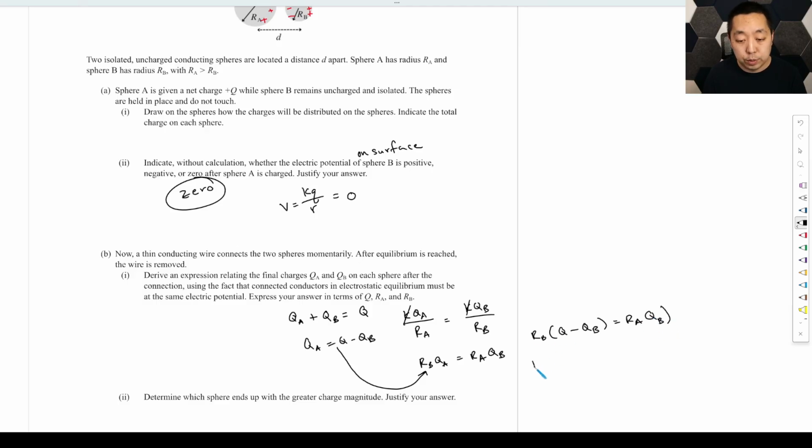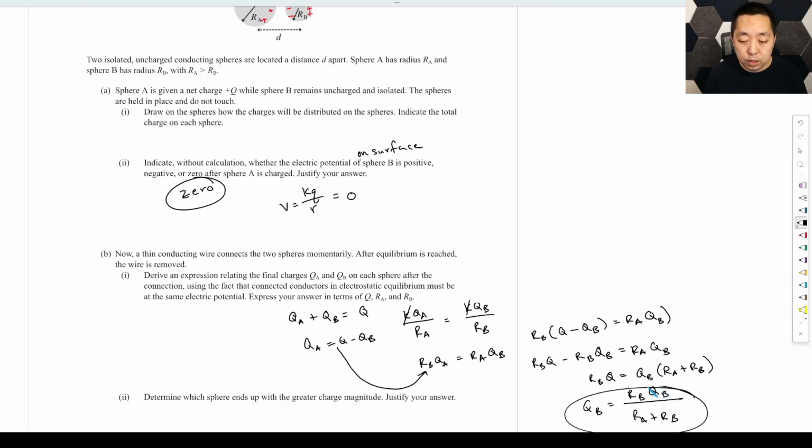And so you can distribute: RBQ minus RBQB equals RAQB. You can add them together. RBQ is going to be QB times (RA plus RB). You just factor that, and then you can divide that over. So QB is going to be RBQ over RA plus RB, like that.